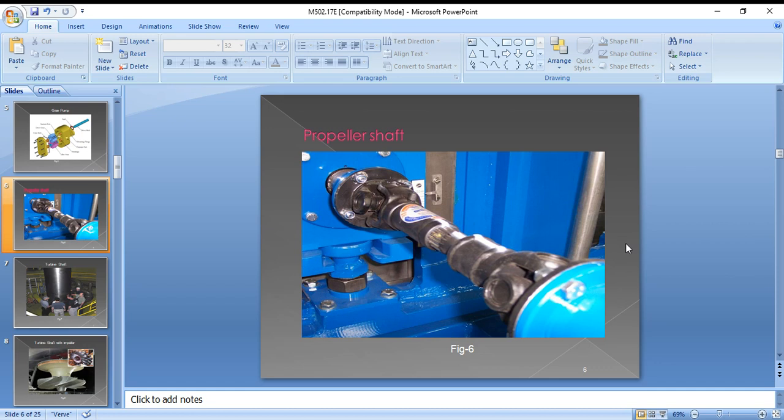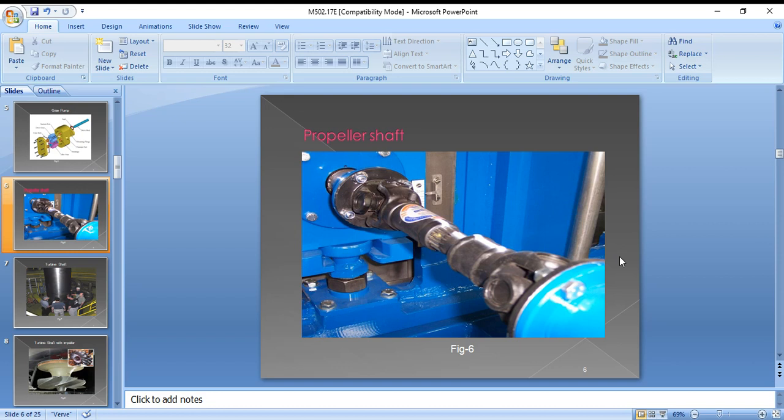In the vehicles, if we see heavy vehicles, the power is generated by the engine at the front side of the vehicle, and the wheels that move first are the rear wheels. When the power has to be transmitted from the engine at the front to the rear wheels, in between we have to use the propeller shaft.